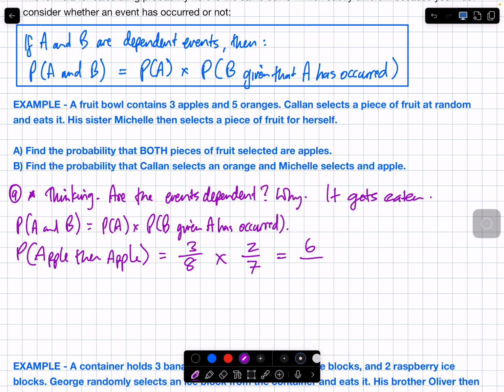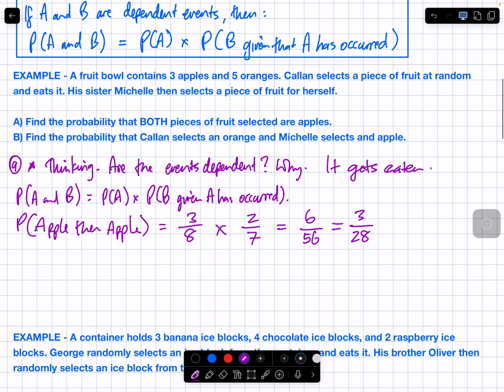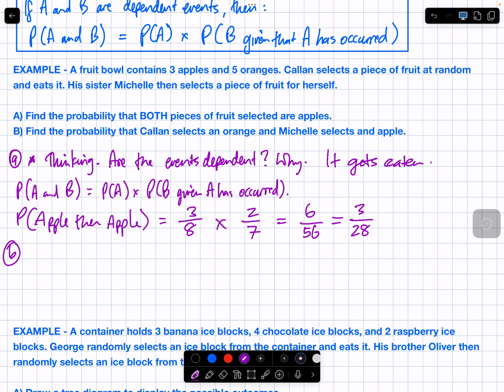What's that, 56. Is that divisible by 2, 3? Does 3 go into 28? No.